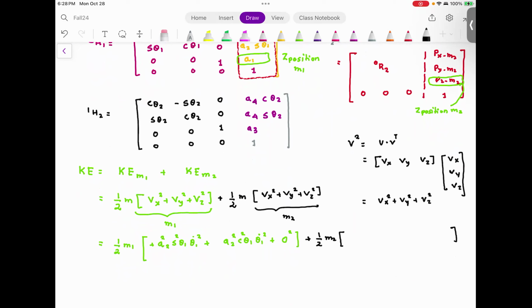Then I have to find out the potential energy. In this robot system, there is no spring. There is only mass. So the potential energy is potential energy of mass m1 plus potential energy of mass m2.